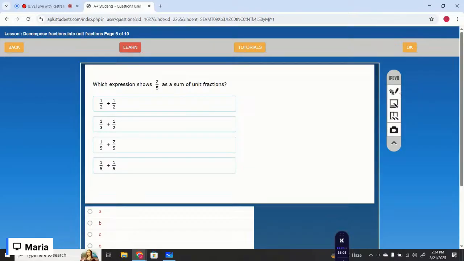Very good. That is option D is the correct option, right?